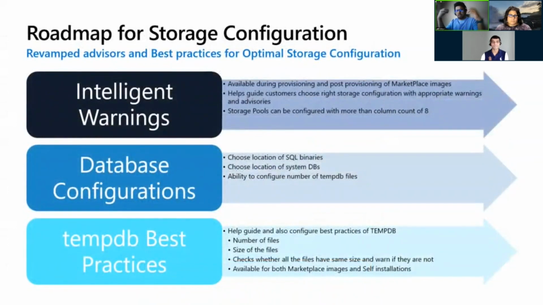So right now, say the maximum number of disks you can configure in a single virtual machine is 12, and you configure 8 for log and 8 for data. We immediately go back, understand, and give you a suggestion. Not just that, we won't stop there.